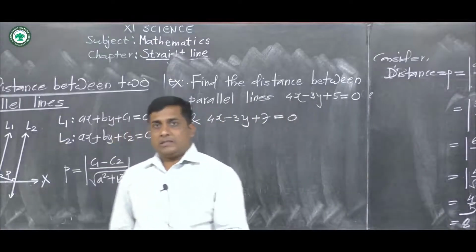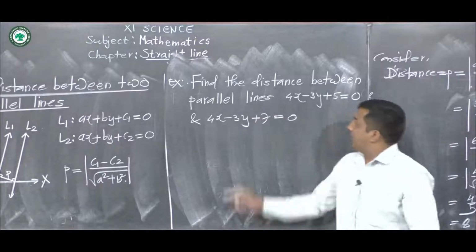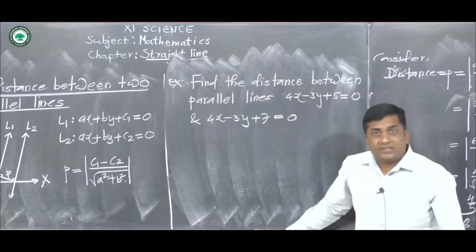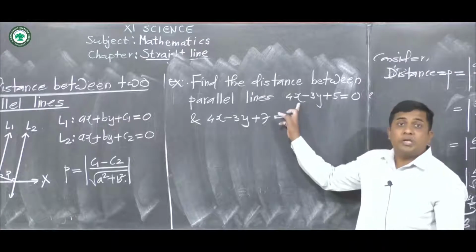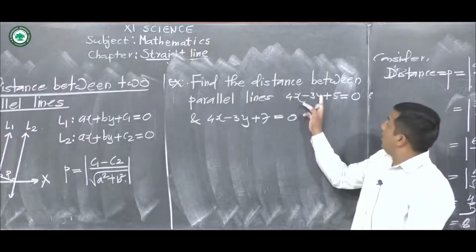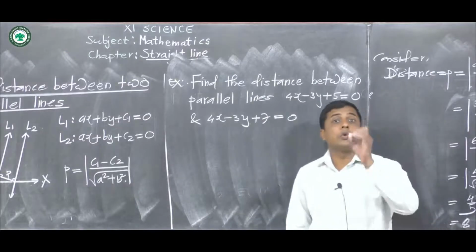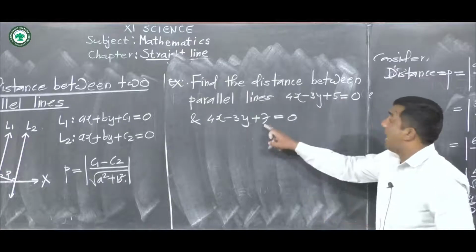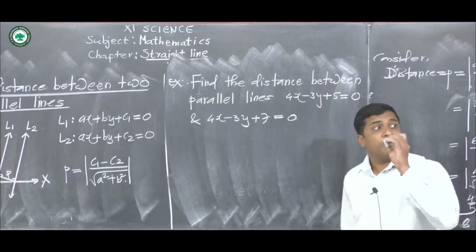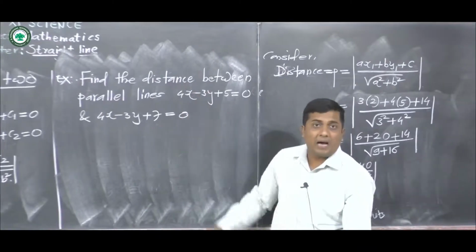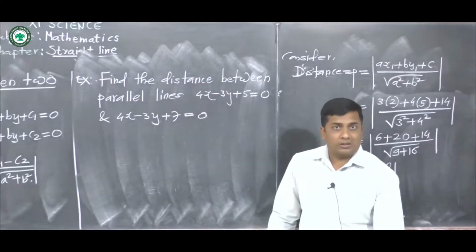Firstly remember, the given lines are parallel. Why? Since the coefficients of x are equal, and the coefficients of y are also equal. The difference is only in c1 and c2. Since the coefficients of x and y are equal, we say these two lines are parallel to each other.